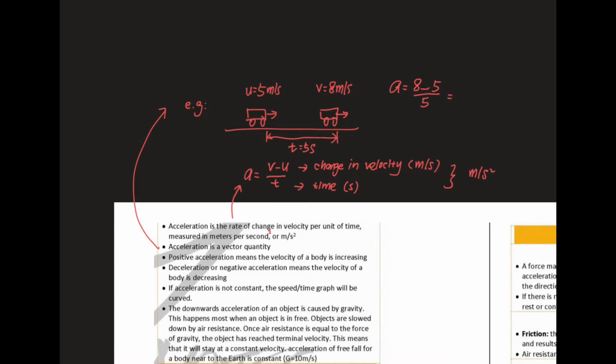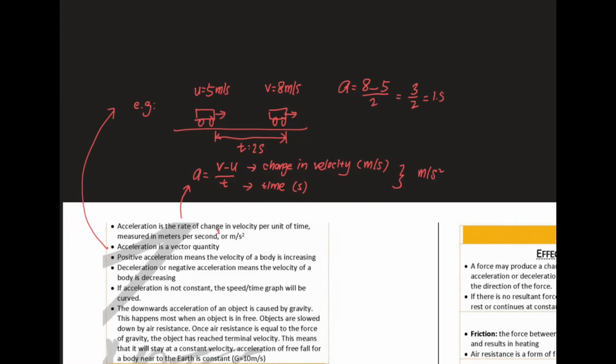Okay, let's say I use a different value so that the values are not that confusing. Let's say I use 2 seconds. 8 minus 5 is 3, 3 over 2, 1.5 meter per second square. So that means it takes 2 seconds to increase 3 meter per second.